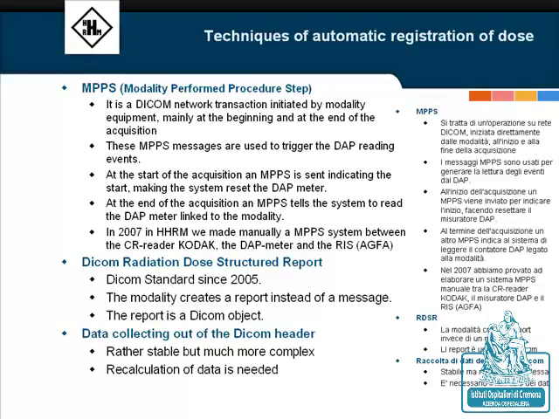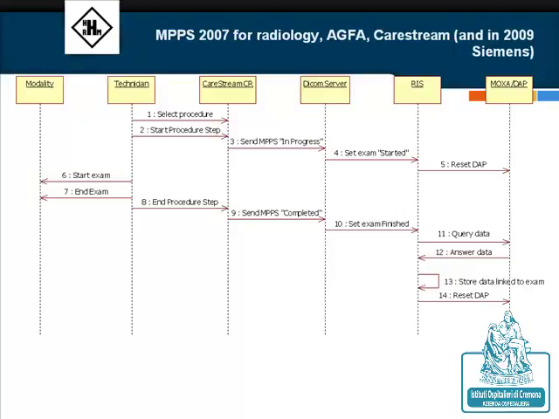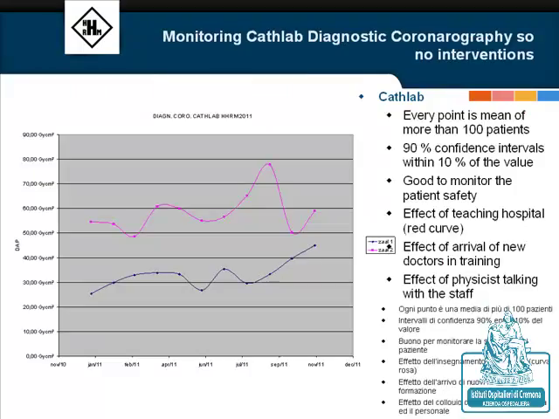You will not find that dose in the DICOM header, though it is administered to the patient. So you have to be careful about that. This is, if you want to implement it, a scheme we made for radiology on CR. You know what CR is? Phosphor plates, cassettes. I think this is interesting.